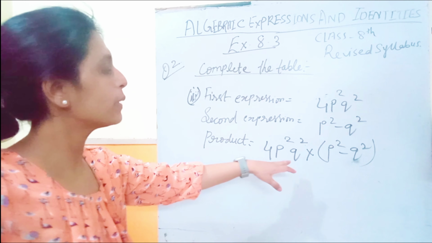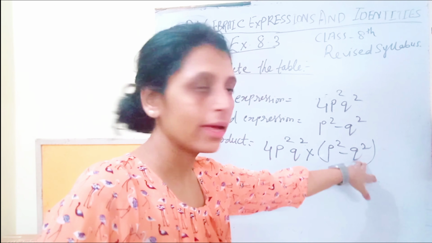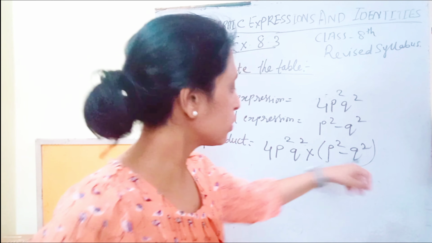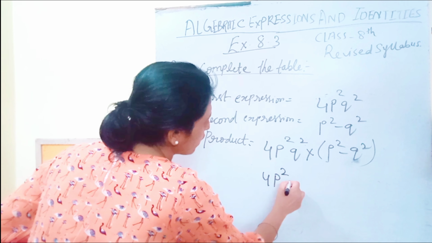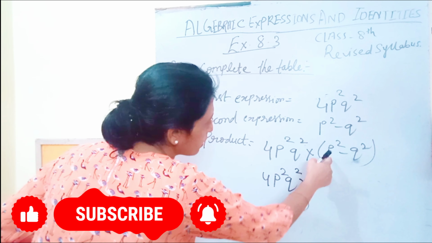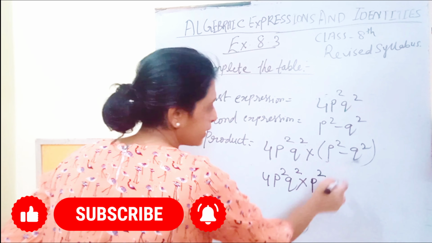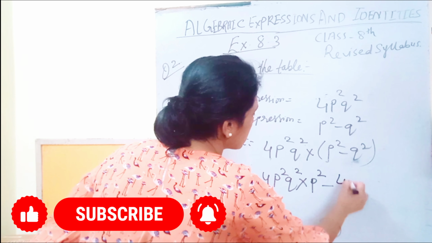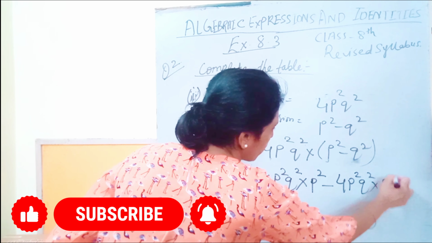It means 4p square q square will be multiplied with p square also and with q square also. Right, with p square there will be multiplication, and with q square also. So first 4p square q square multiplied with p square. Which sign is it? Minus, so the minus sign will come here. And then 4p square q square will be multiplied with q square as well.